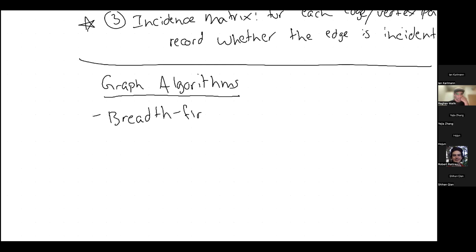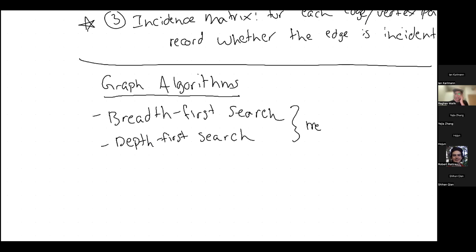Breadth first search and depth first search. We talked about these in the context of trees, as the order in which you might traverse the nodes of a tree. But it turns out that we can think of these as operating on graphs as well.